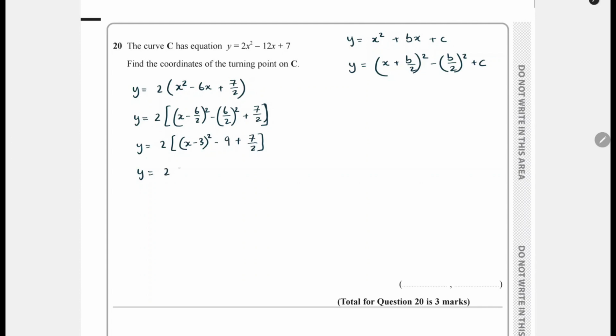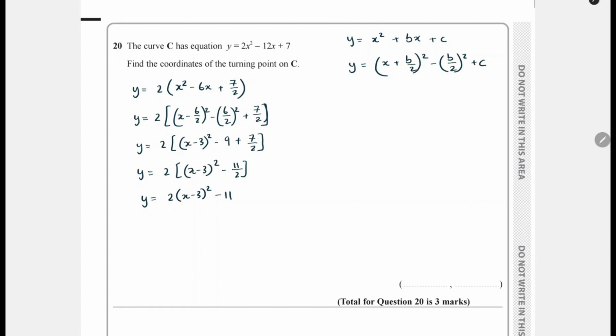And further simplifying this, it becomes 2 times x minus 3, all squared, minus 11 over 2. We can now multiply everything by 2. So that becomes 2 times x minus 3, all squared, minus 11.